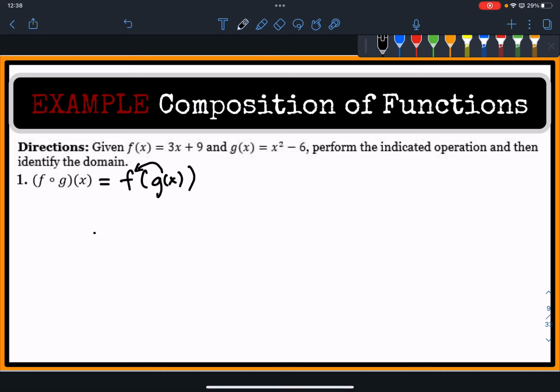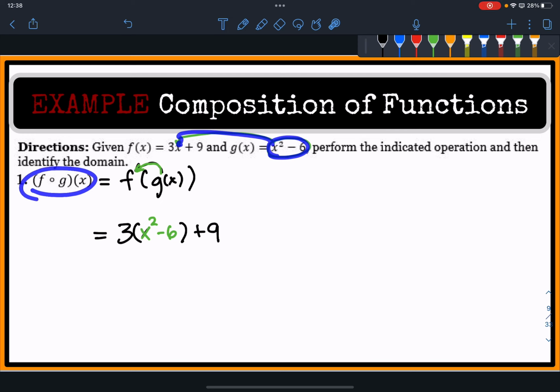So we're going to write f as 3 times the value of x plus 9. And again, what this means is that we're simply plugging g into f. So I'm literally going to plug the entire function g into this one value of x. So 3 gets multiplied with x squared minus 6, and then we're going to add 9. All I've done was simply substitute g into f, and that's what this means.